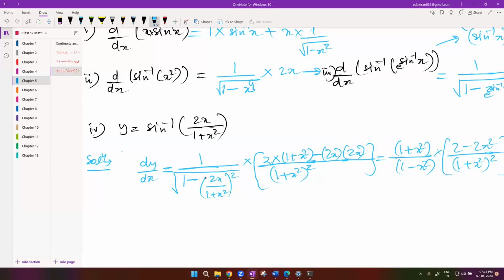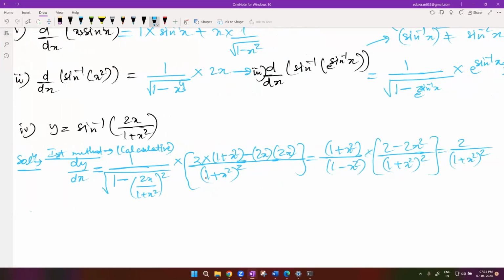For example, in this case, this is the first method, calculating. This is calculated, time consuming. And I would like to say that even this was easy. We will face certain more complex situations with other expressions. So this can be made much more difficult. But as I told you, we do have a second method.